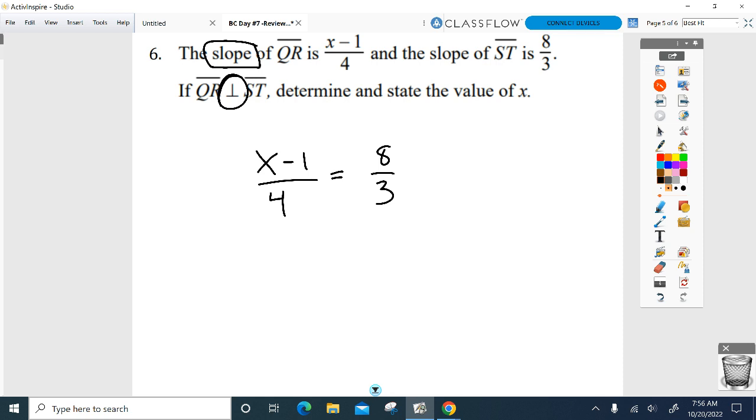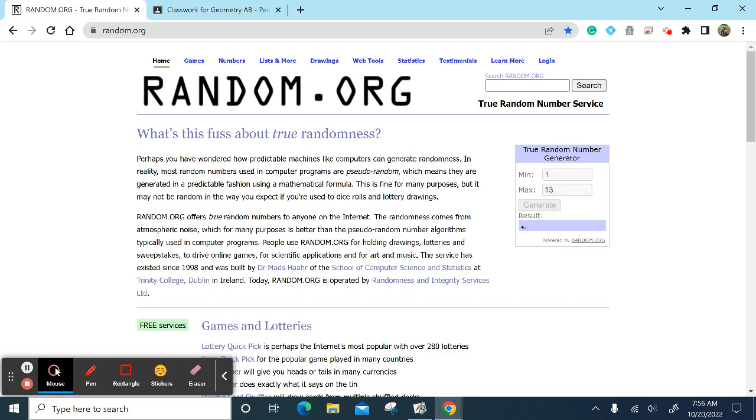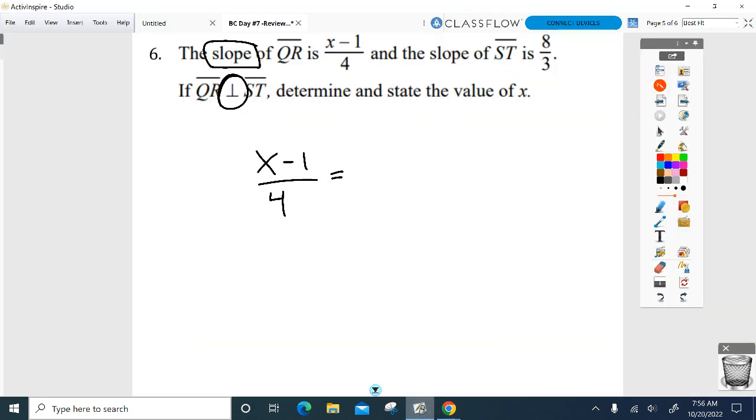All right, so replace 8/3 with what? Flip it. Remember what negative reciprocal means. Flip it and change its sign. So I'm now going to replace it with negative 3/8. If it was parallel, I set it equal to 8/3. Now how do we solve those?